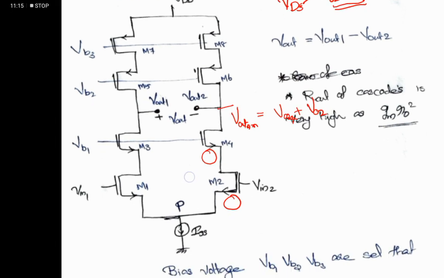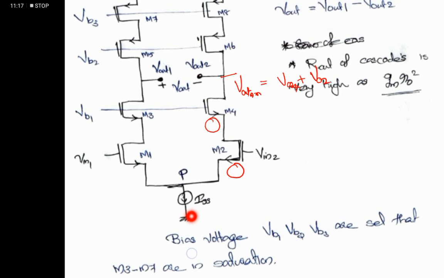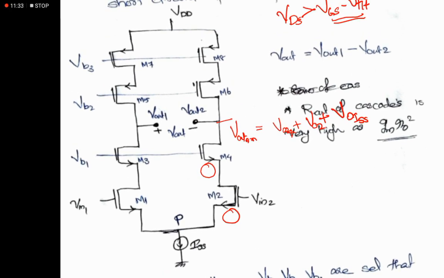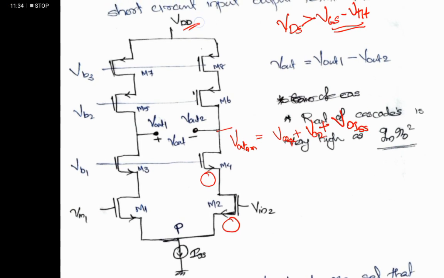And in practical devices, this ISS is also implemented using a MOSFET, so the overdriven voltage due to ISS will also be there. And what is the maximum value of V out? To evaluate the maximum value, we need to reduce something from VDD.